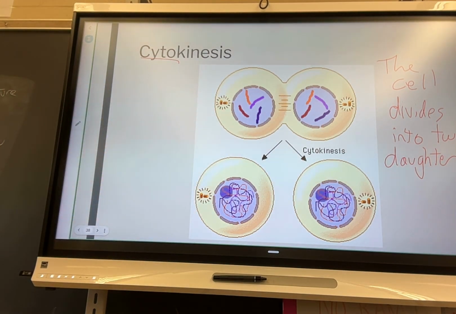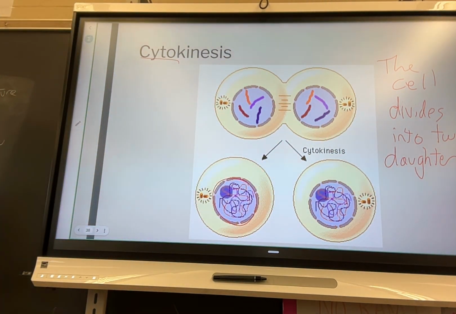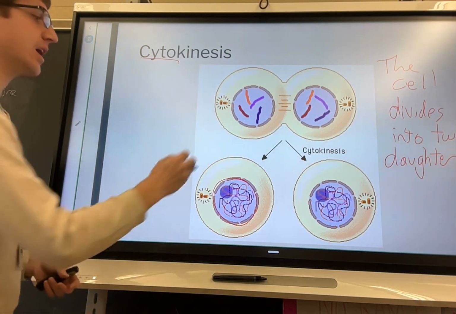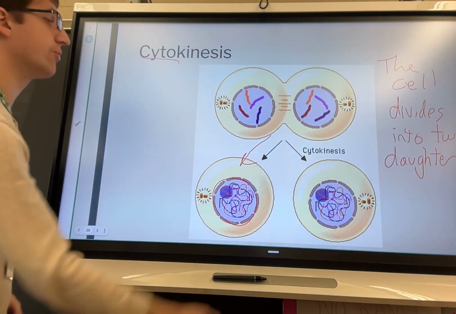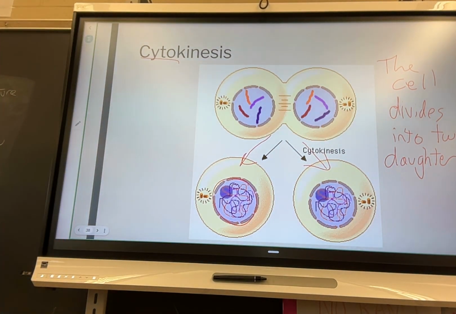These are our daughter cells. Each cell has its own DNA, and it has a copy of each organelle that it will need to survive. So all of the organelles, even though they weren't pictured in these images, also got moved to each of our cells. So we now have two fully functioning daughter cells.